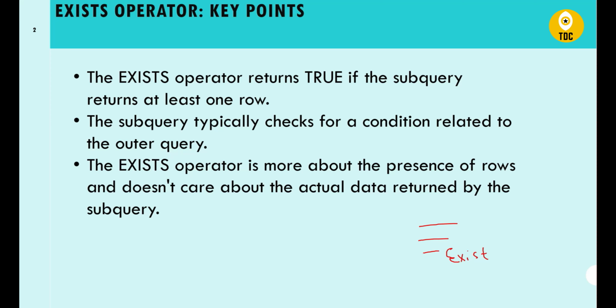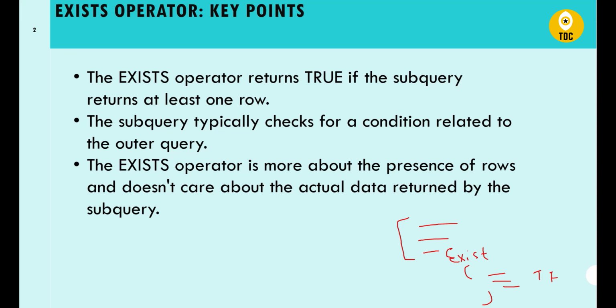This is the subquery, and this is the main query. The subquery has to return at least one row to the outside query. If the subquery returns one or more rows, it returns true, or else it returns false. The subquery typically checks for a condition related to the outer query.